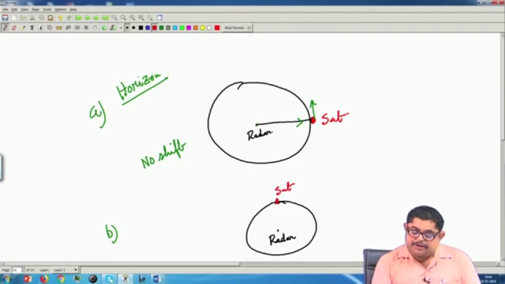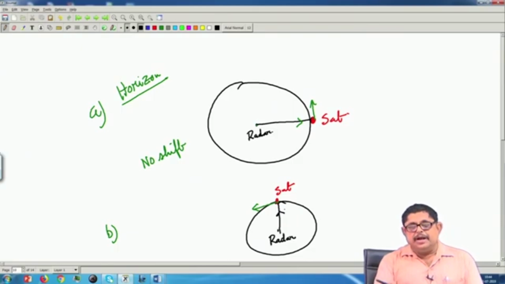Again, what is its velocity? Its velocity is this, and this time what is the radar range direction? This. Again, you see these two are perpendicular. So, always you will see that these two are perpendicular, that is why here also no shift. Remember this.